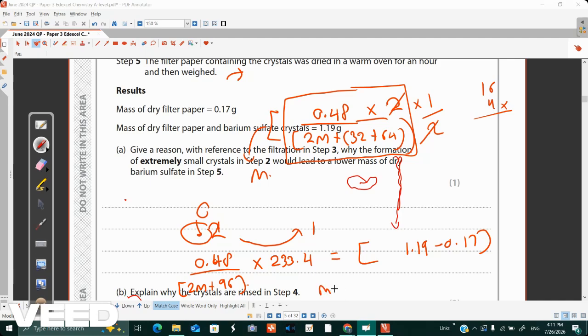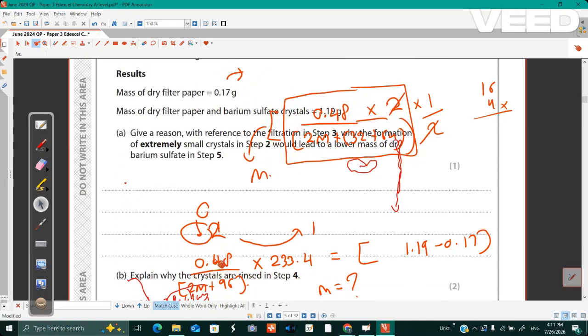So once you get the M value, the value of M means the relative atomic mass of M, and by looking at the periodic table, you can decide on the name of the element, right? What is the answer for M you got? What did you get as the answer for M?